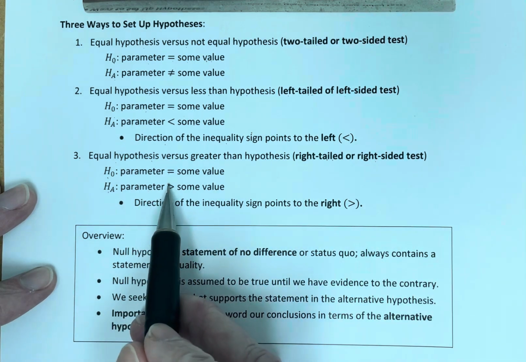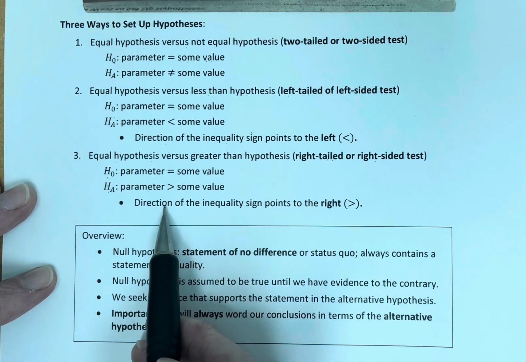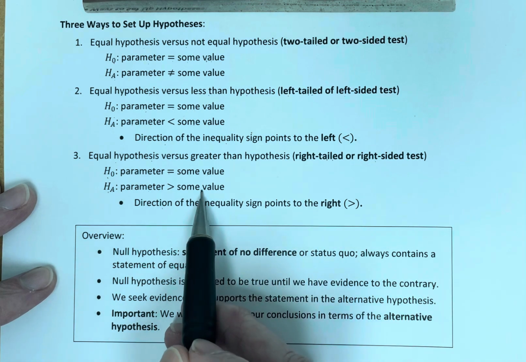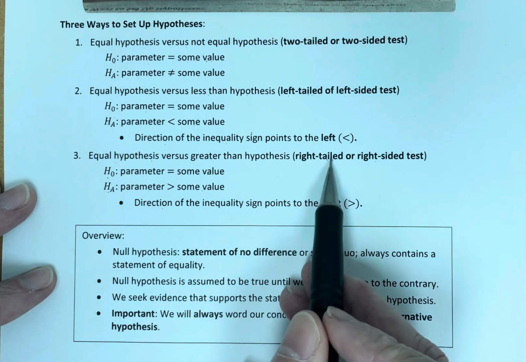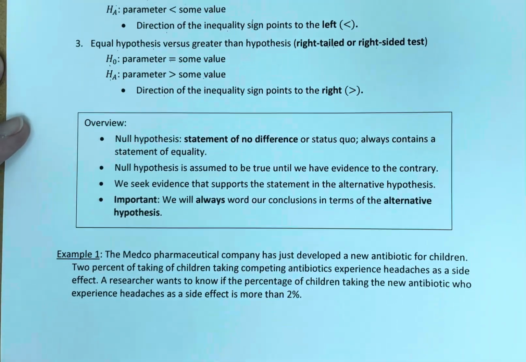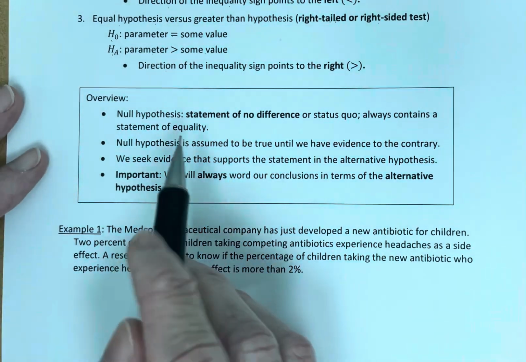The parameter is greater than some value. Note here as well as here, the direction of the inequality sign points to the right because it's right-tailed or right-sided.